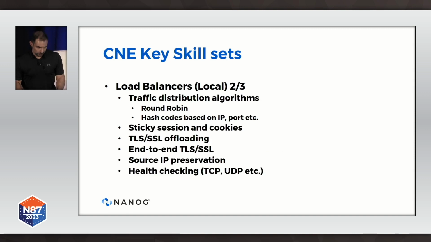Traffic distribution. My load balancer wants to spray traffic across multiple targets or destinations or backend services. How do we do that? Sticky sessions. I want to make sure that my sessions always go to one set of backend services. And that's where you use sticky sessions. TLS and SSL offloading. It's been with us for many years.